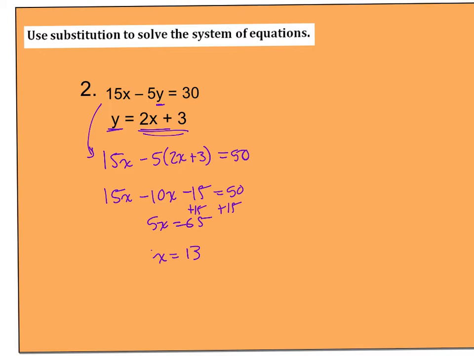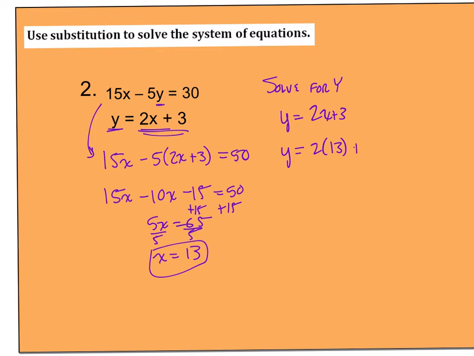Now I'm not done. This was all algebra, stuff that you've done before, and it should come back to you. My last piece is I need to solve for y. How do I do that? I know that y equals 2x plus 3, and I know that x is really 13.